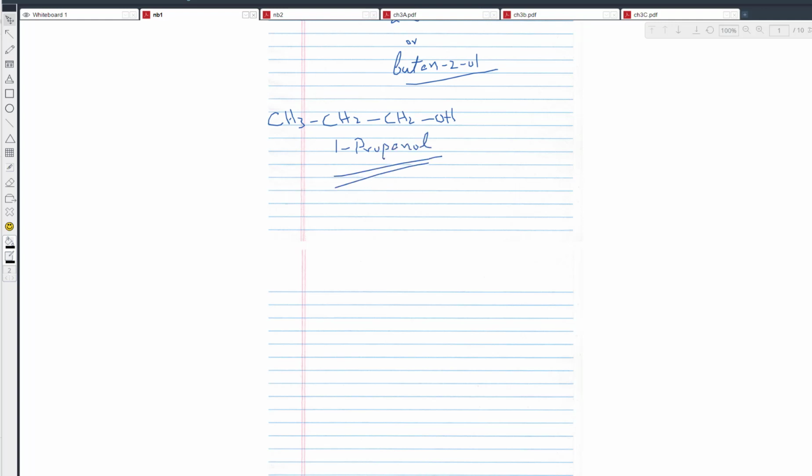Okay, that's the name. Now suppose I am giving you this one, and an important thing is you give the preference in numbering to the functional group, the OH group, not to the radicals, not to the halogens.